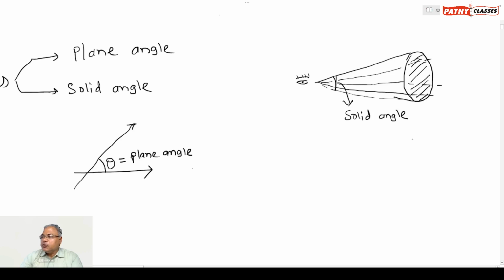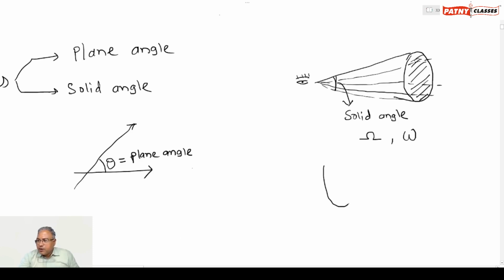You are looking at a three-dimensional object. So solid angle is related to three-dimensional objects. And solid angle is denoted by this symbol, or it is denoted by omega. So solid angle is something related to three-dimensional measurement.